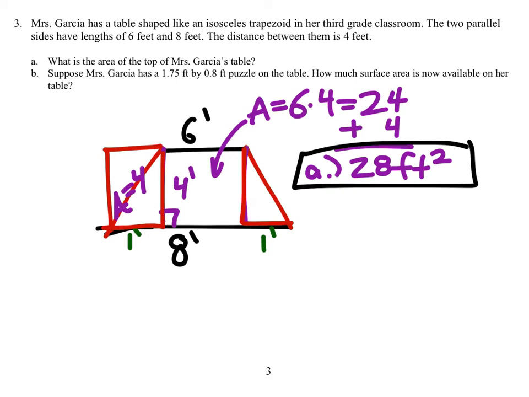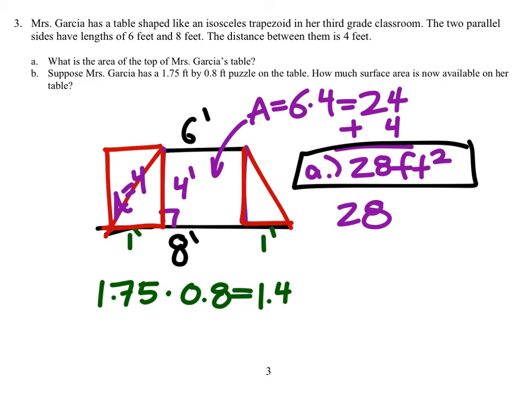B, suppose Miss Garcia has a 1.75 foot by 0.8 foot puzzle on the table. How much surface area is now available on her table? So we have 28 square foot, and we got to figure out the area of the puzzle, which would be 1.75 by 0.8, which is 1.4 square feet.